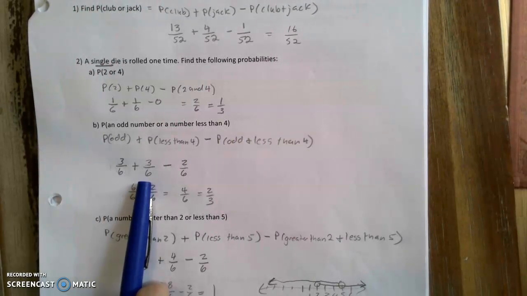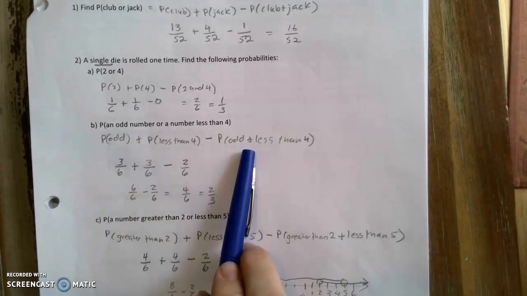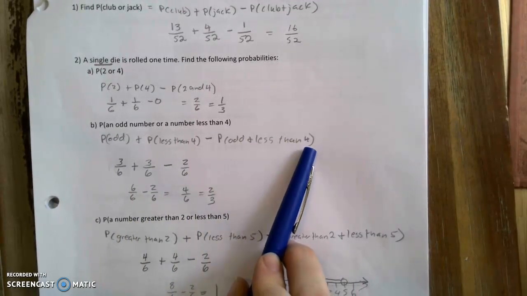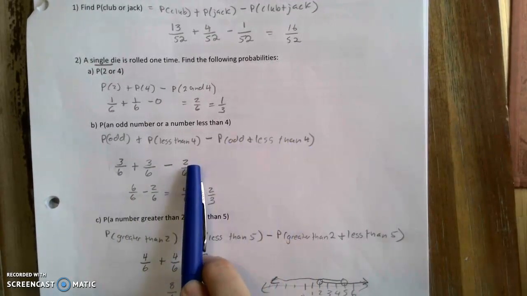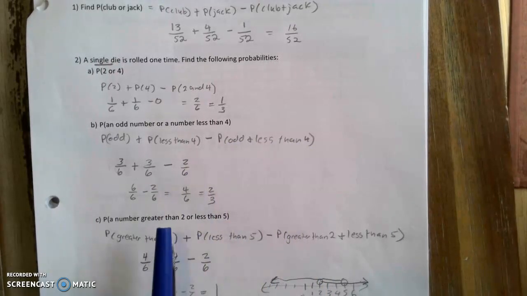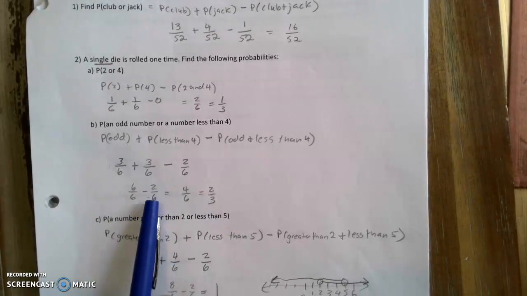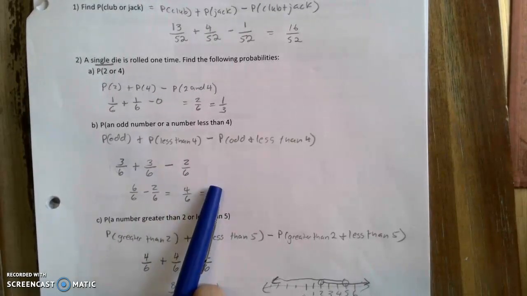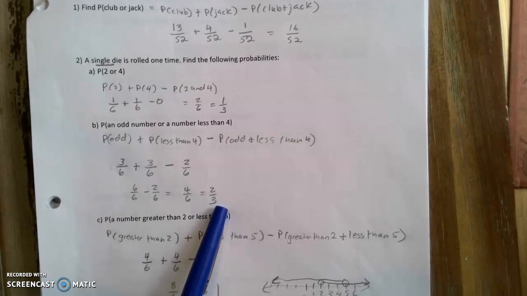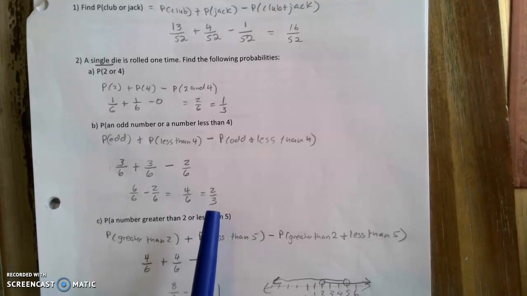Probability of less than 4: 1, 2, and 3, so 3 out of 6, minus odd and less than 4, so 1 and 3, so 2 out of 6. Then we end up with 6 out of 6 minus 2 out of 6, so 2/3 is our probability. All right, so pause for a moment, try numbers C and D.